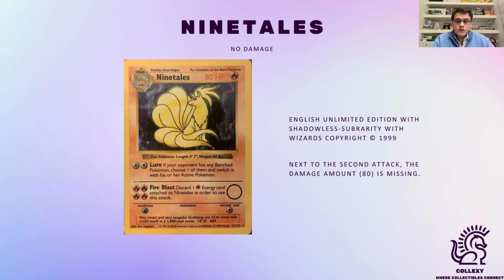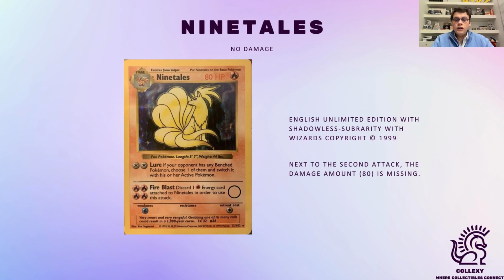This is the first Ninetales variant in addition to the already existing Ninetales variants that we have discussed. There is a second one that we will discuss in a little bit. This Ninetales variant is called the No Damage Ninetales. Next to the second attack Fire Blast, there should be a number, 80, because that's the damage that the attack should normally do.